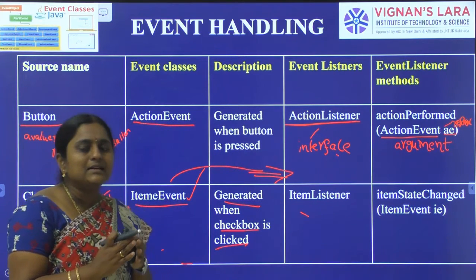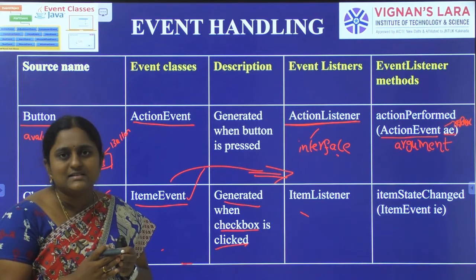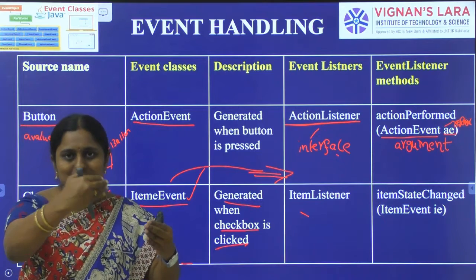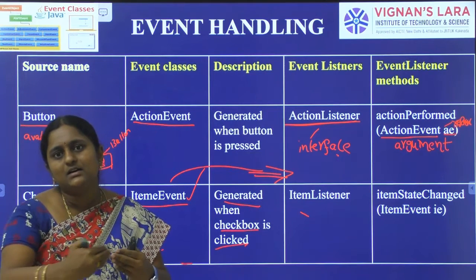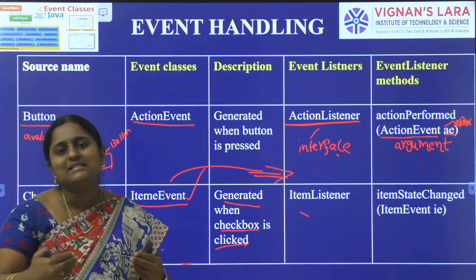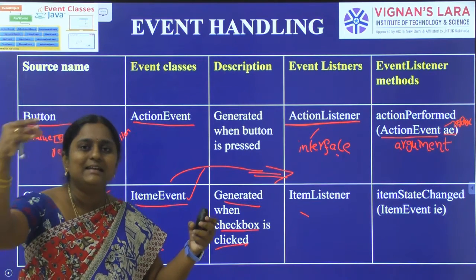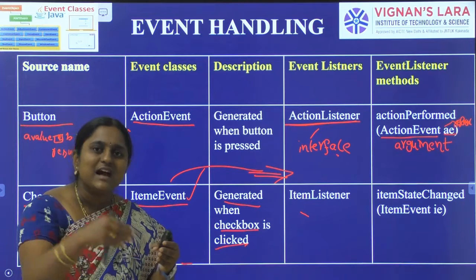The particular listener interface will be activated and will pass it on to the particular listener, so that the listener executes the source's already registered methods.